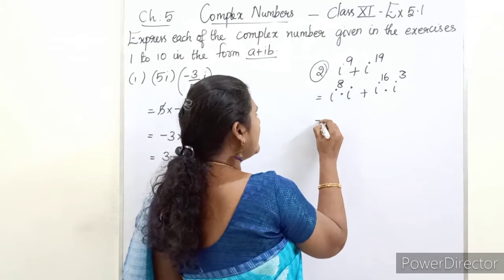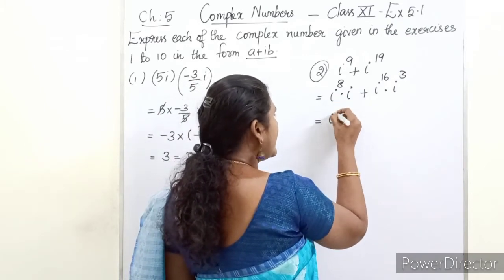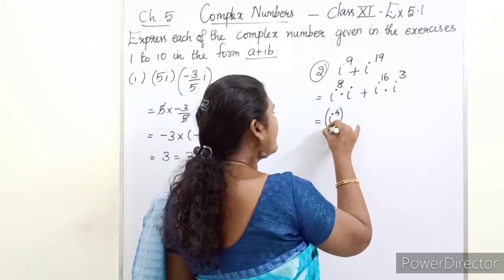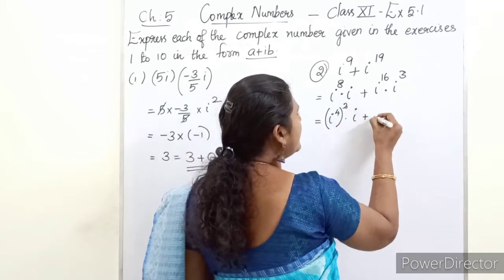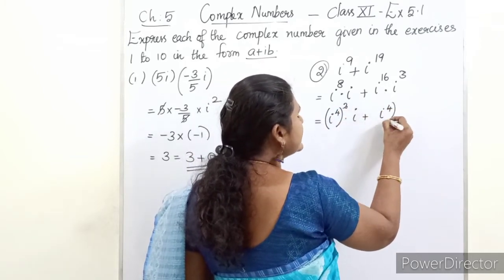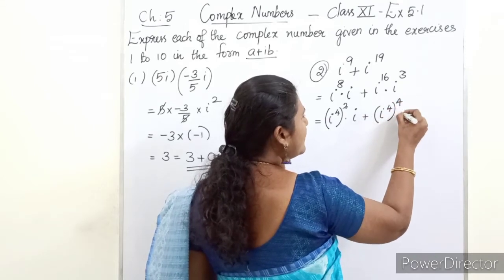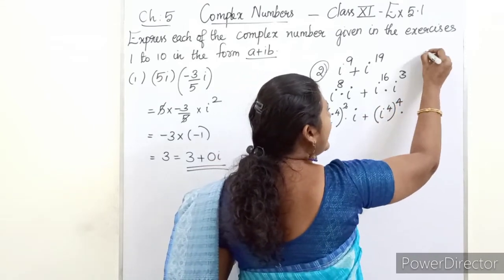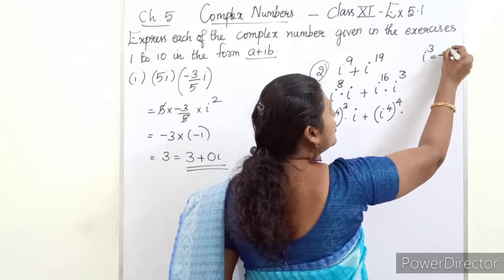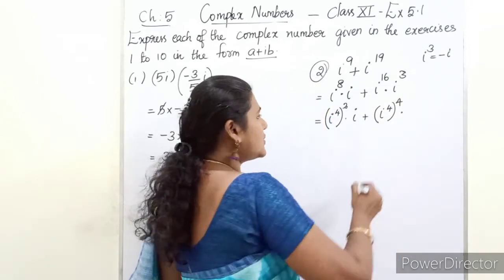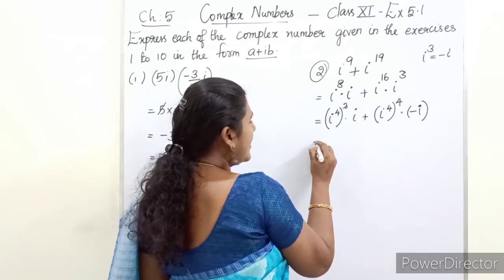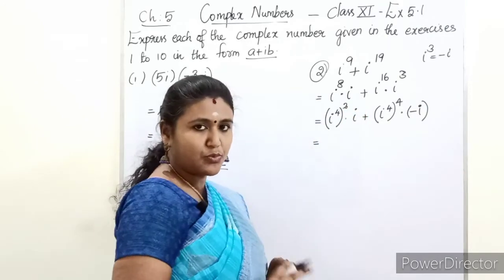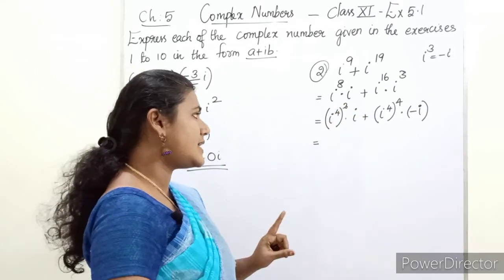Okay, now we will simplify this. i power 8 we can write as i power 4 the whole square into i, plus i power 16 we can write as i power 4 the whole power 4 into what is the value of i cube? i cube is minus i. So here we will write minus i. Now this value is 1 because i power 4 is 1. So 1 square is equal to 1.